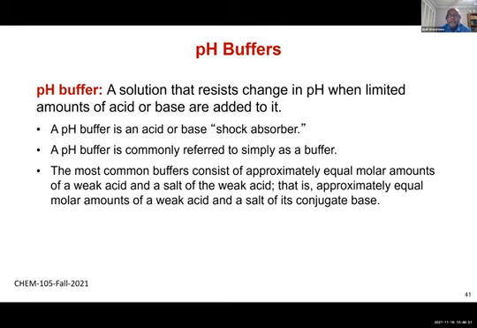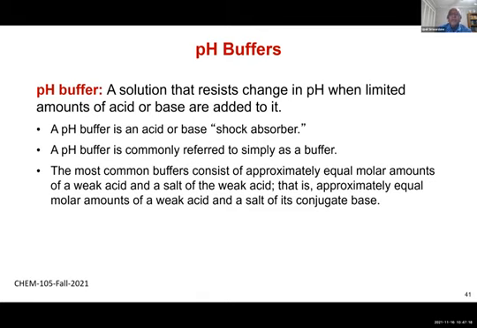The salt of a weak acid is sodium acetate. It is a combination of a weak acid and its conjugate base, in equal molar concentration.